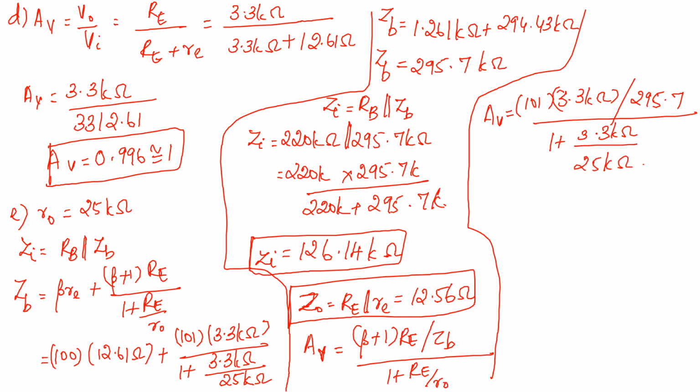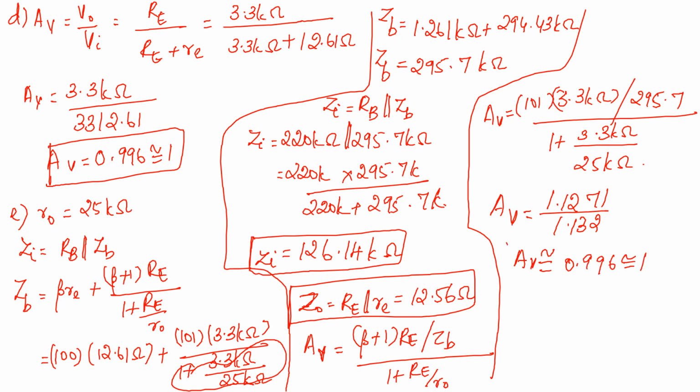The same value which you have calculated in the case of your ZB. Okay, same value will be reflecting. So you will be getting AV is equal to, somewhere you will be getting nearer to 1.1271 divided by 1.132. So AV will be approximately equal to 0.996, which will be approximately equal to 1. So these are the values which you have got with the inclusion of R naught as 25 kilo ohm. Okay.